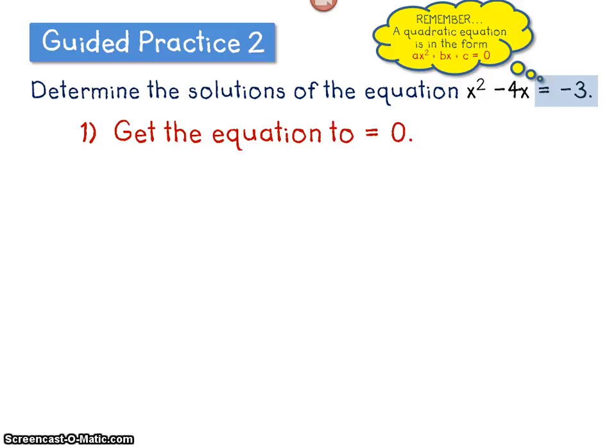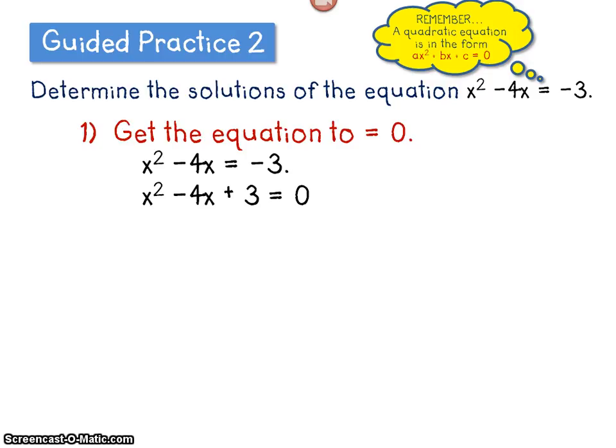We can't have that. So bringing back this equation, first I need to get the negative 3 to disappear and become 0. So I need to add 3 to both sides. By adding 3 to both sides, my new equation is x squared minus 4x plus 3 equals 0.